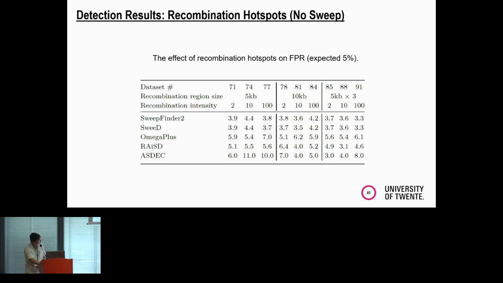We could observe that except S-stack under the dataset with smaller recombination region size and a higher recombination intensity, all other methods were not influenced by the recombination hotspots in detecting positive selection. And this might be because we use a fixed window size for S-stack, so we have a doubled FPR than expected. And this is what we are going to do in future research.